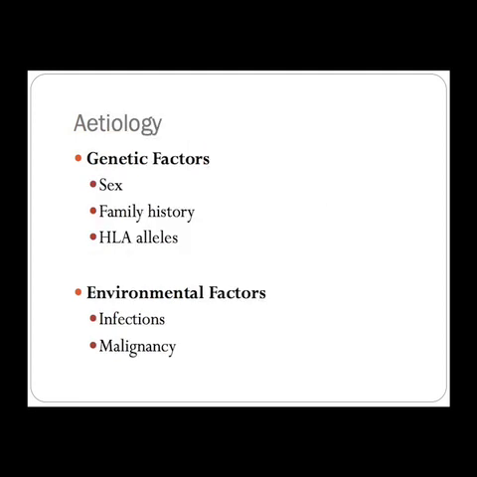The etiology of autoimmune disease is exceedingly complex with multiple factors implicated. Genetic factors include sex differences, family histories, and various associations with types of HLA alleles. For example, ankylosing spondylitis is associated with HLA-B27, rheumatoid arthritis DR4, type 1 diabetes DR3, DR4, and Goodpasture's syndrome DR2.